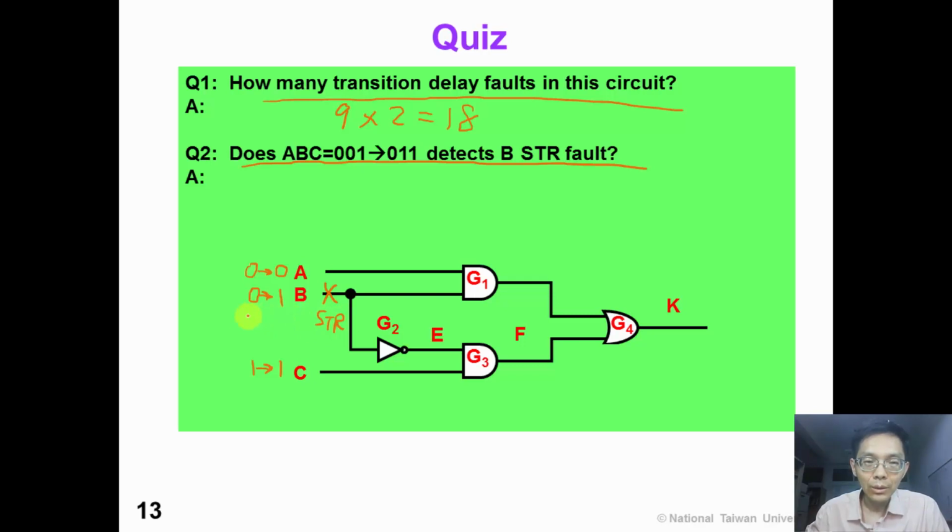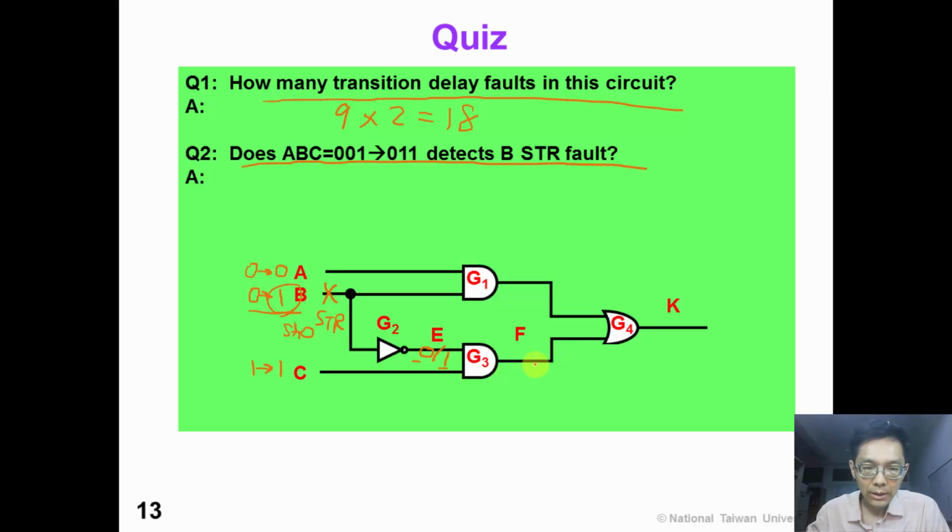We can see that we have a rising transition from pattern 1 to pattern 2. And in the second pattern, we want to detect a stuck-at-0 fault on B. After the inversion, the value is 0/1, which means the good value is 0 and the faulty value is 1.